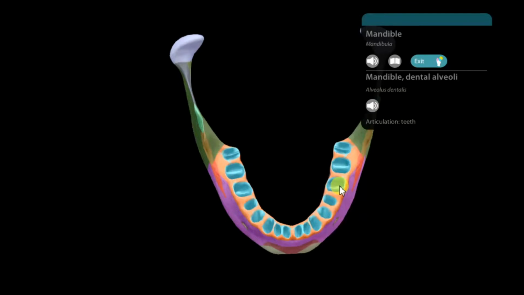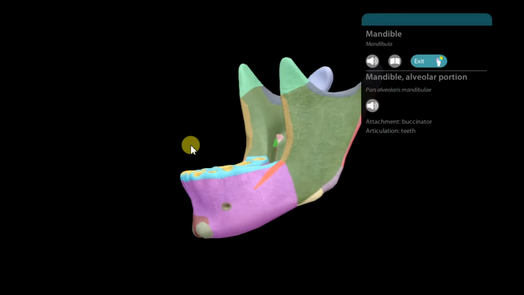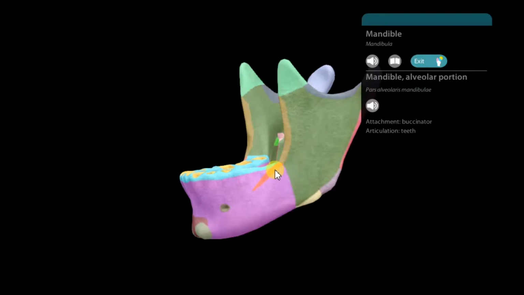In this area, we call it the dental alveoli and alveolar portion. This is the oblique line, and this is the anterior border of the ramus.